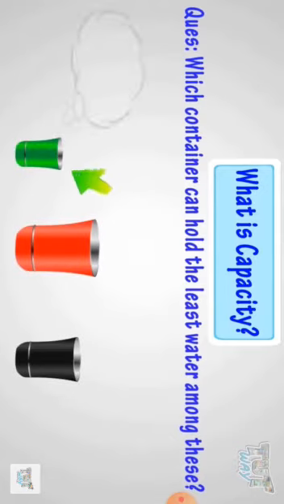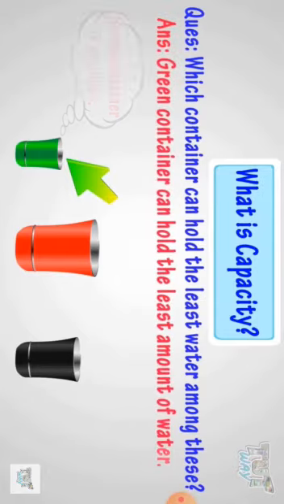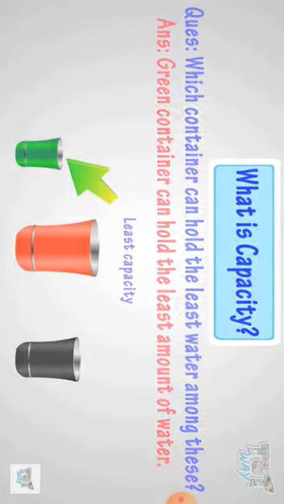Green container is smallest, so it can hold the least amount of water. So, green container has the least capacity among all the containers. Now, kids, you know what is capacity. Now, let's learn the units for measuring capacity.